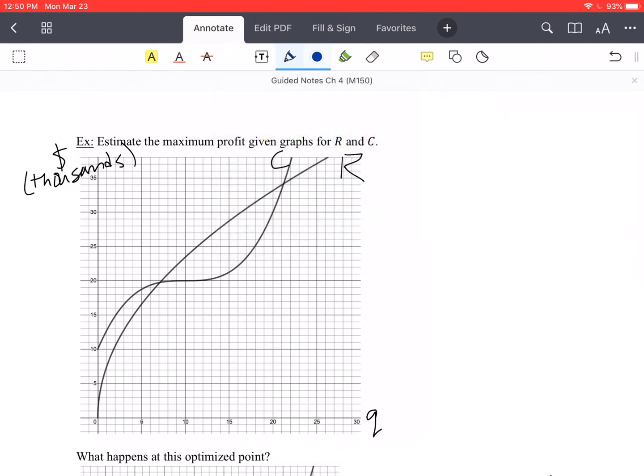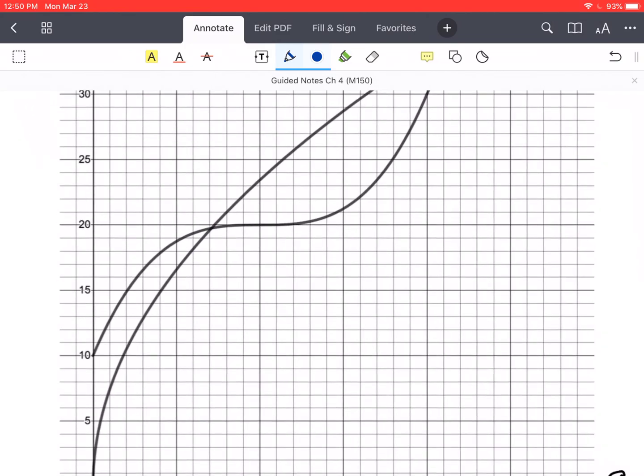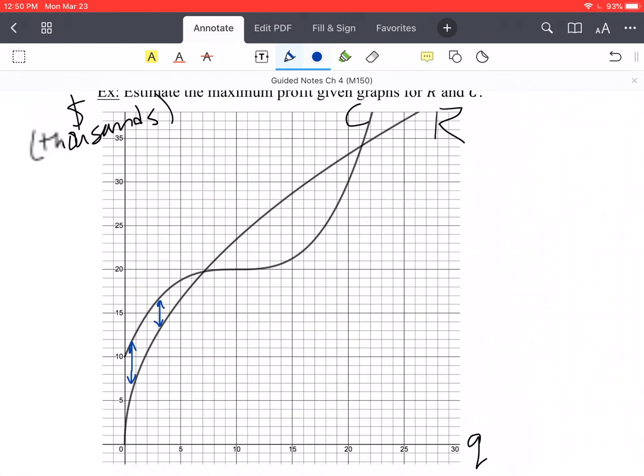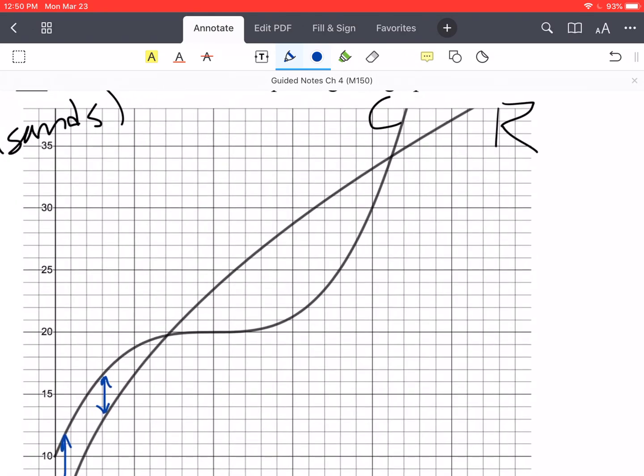So notice way down here, there's a bit of a gap right here, right? And that's pretty big as we get down here. However, the function that's on top is the cost, right? So this one actually would represent negative profit because the costs are higher than the revenue. So let's look in here for a minute.